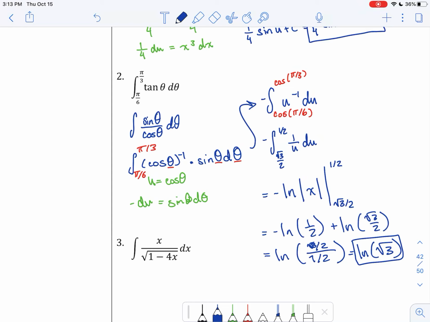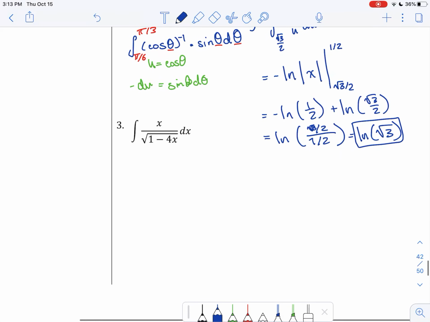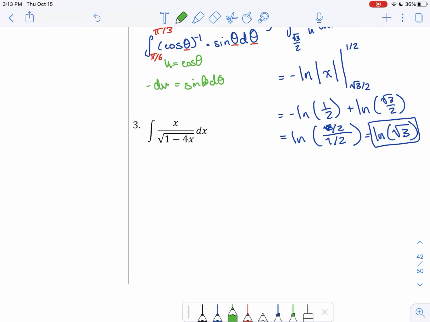This can lastly be a really helpful problem when you end up with something like we see in number 3. Number 3 says, what is the integral of x over 1 minus 4x dx? Now, what I'm going to use here is I am going to say, well, this would be so much easier if the subtraction was on top, because, and this is just a nice quick review over to the side, if I have a plus b over x, I can separate that.